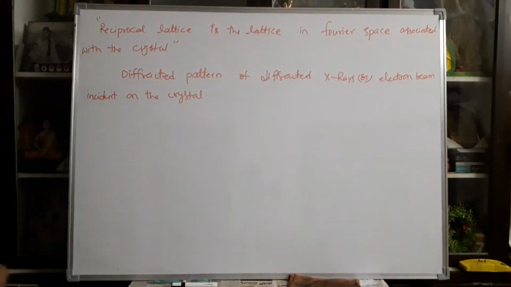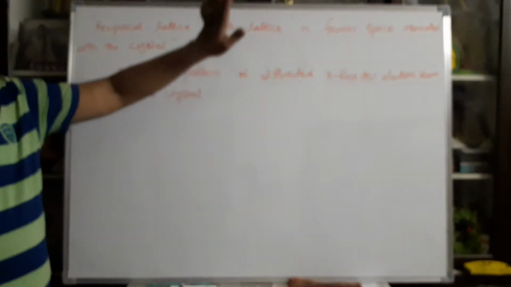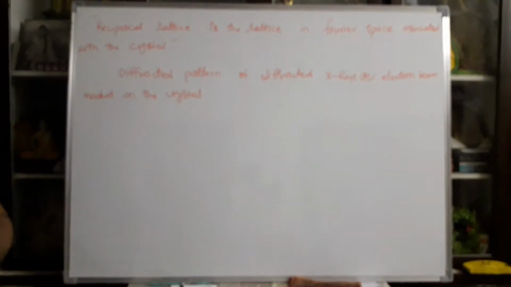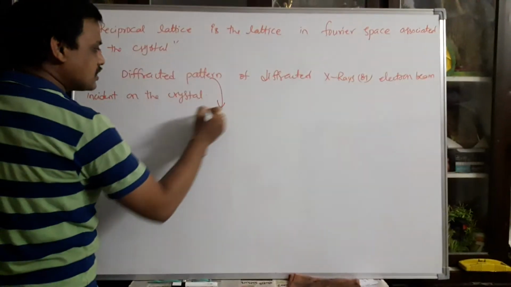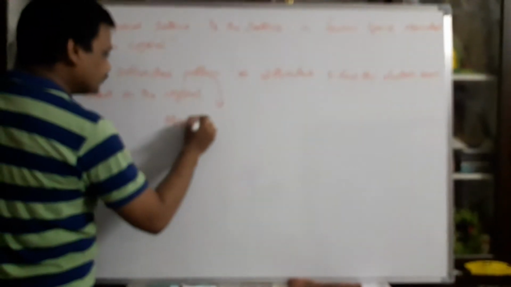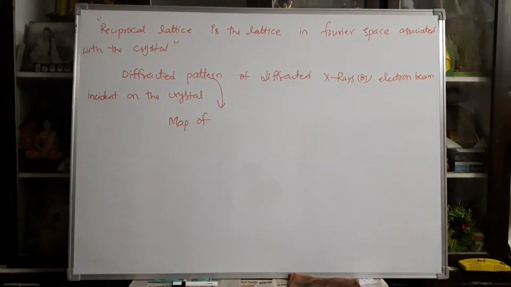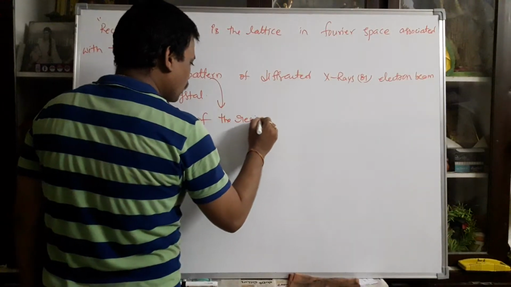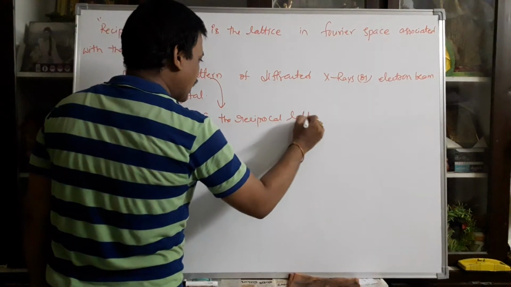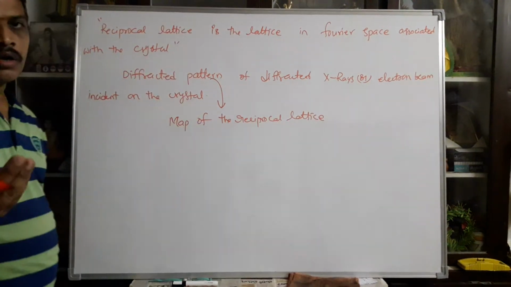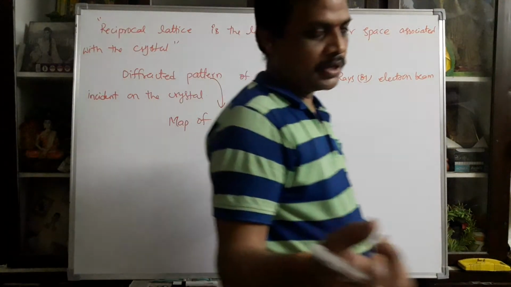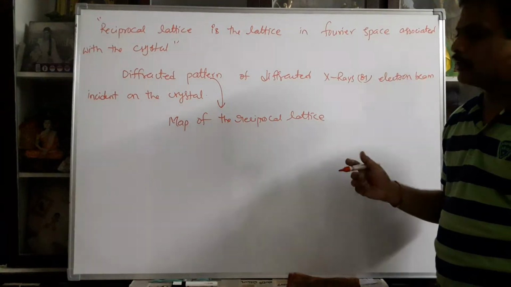Particularly, this reciprocal lattice explains the diffracted pattern on the photographic plate. The diffracted pattern on the photographic plate is nothing but the map of the reciprocal lattice.